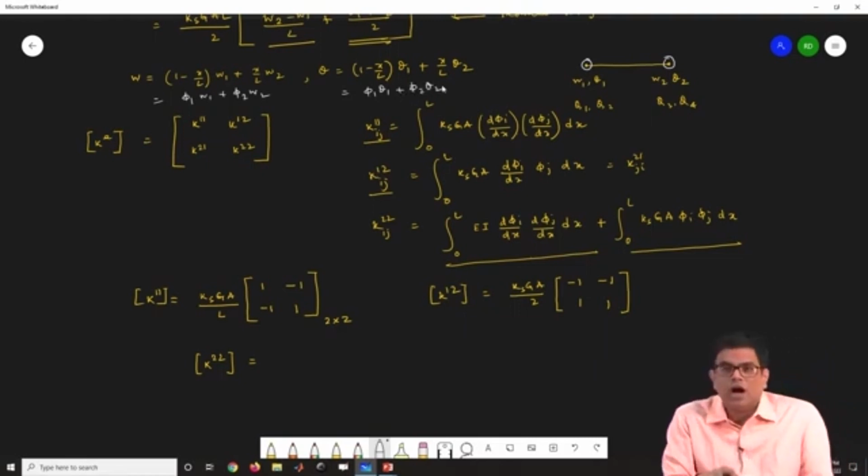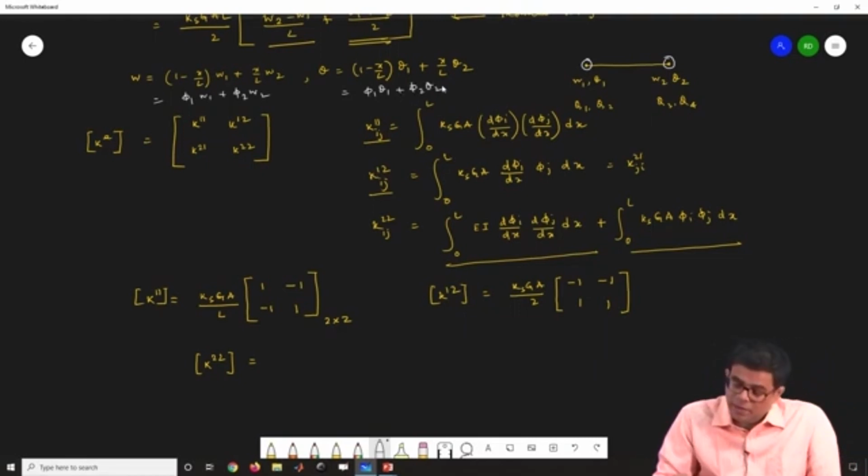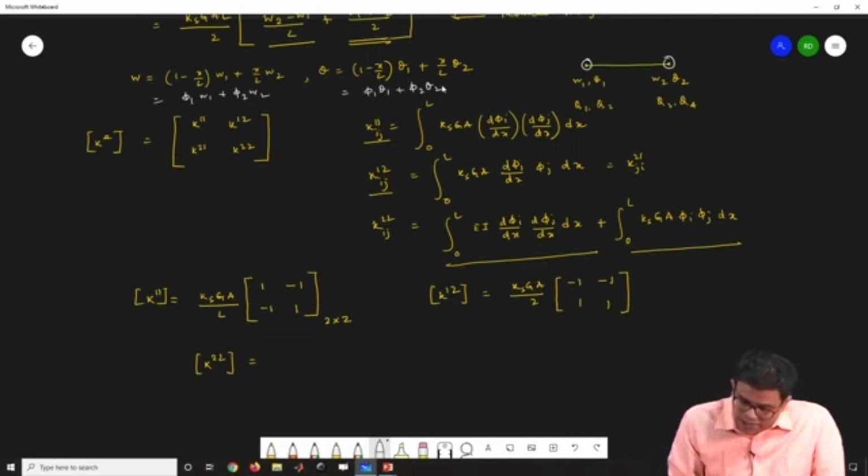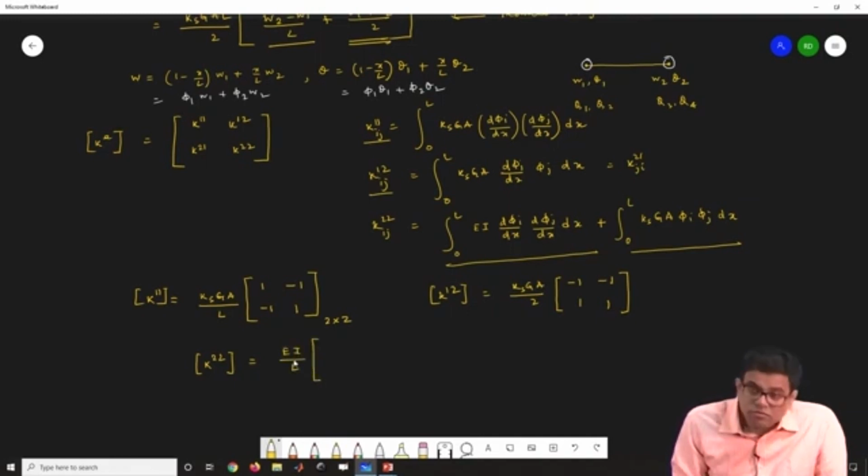So both terms are constant terms, and I will fully integrate it. Then this is just a bar stiffness matrix E I by L, but it's a bending term, not the axial: 1, minus 1, minus 1, 1. So this is the bar stiffness matrix.